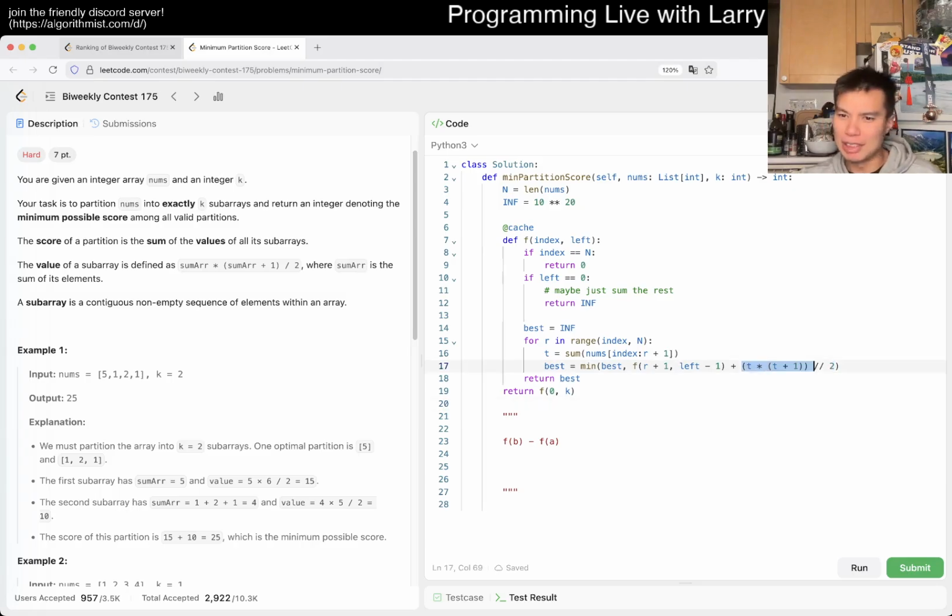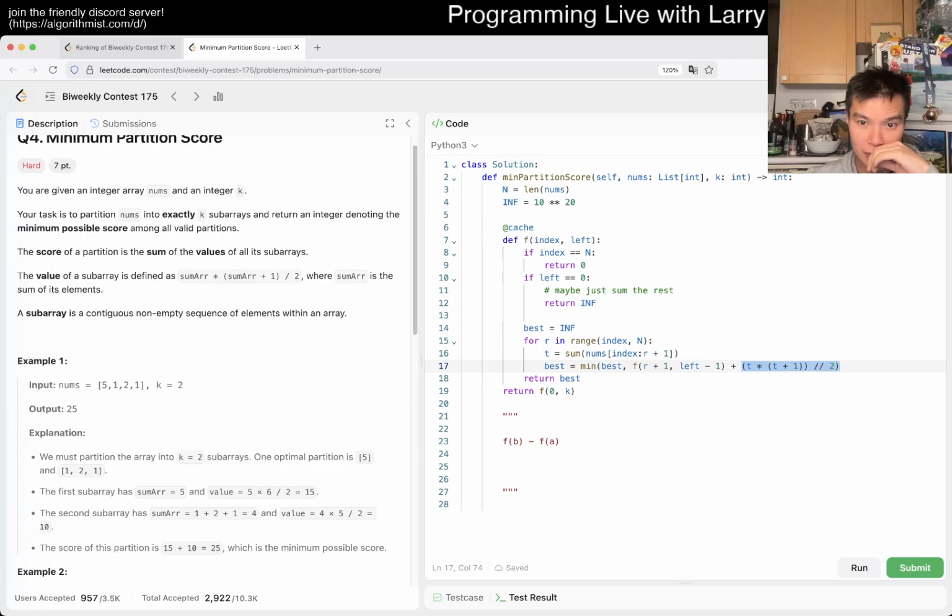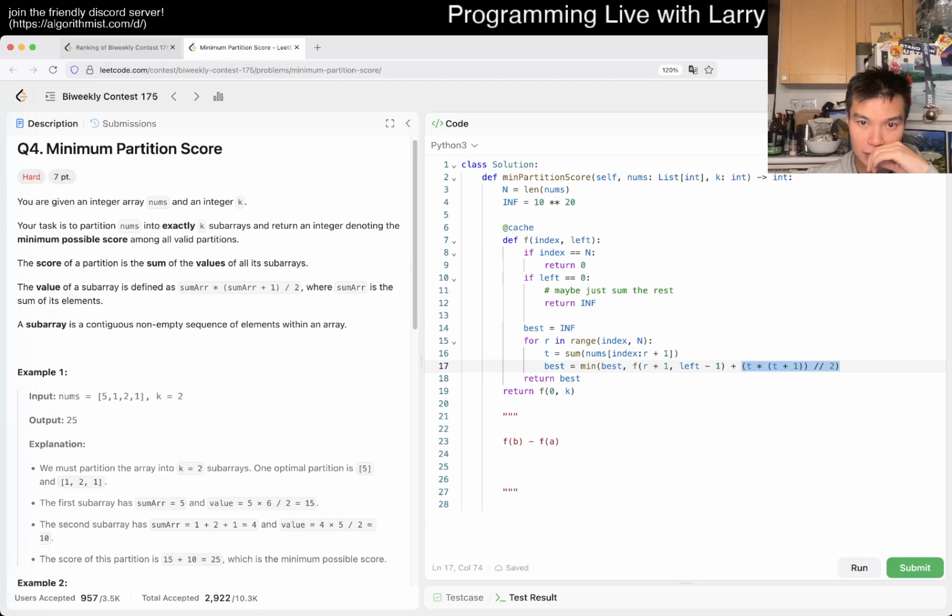There's like a decomposition, but I'm trying to remember it or think about it. Okay, how am I thinking about this?